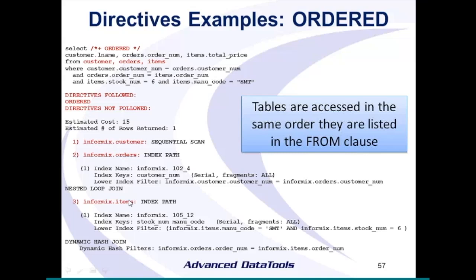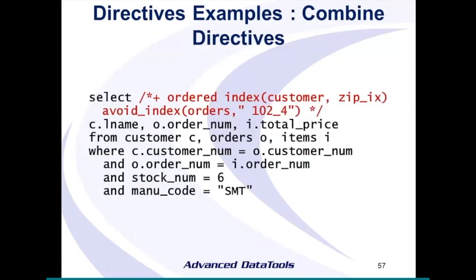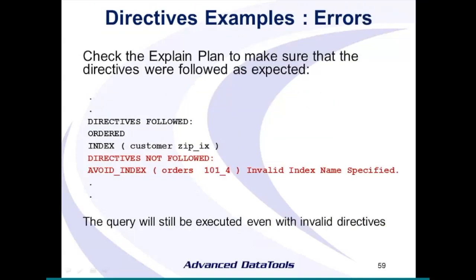You can combine directives into that comment. Just list them all out. Here I've got 3 of them. I've got the ordered. I'm saying use a particular index on the customer table, the zip IX. And do not use this index, the 102-4, on the orders table. When you're using directives, it's always a good idea to confirm in the explain plan that they're actually being used.